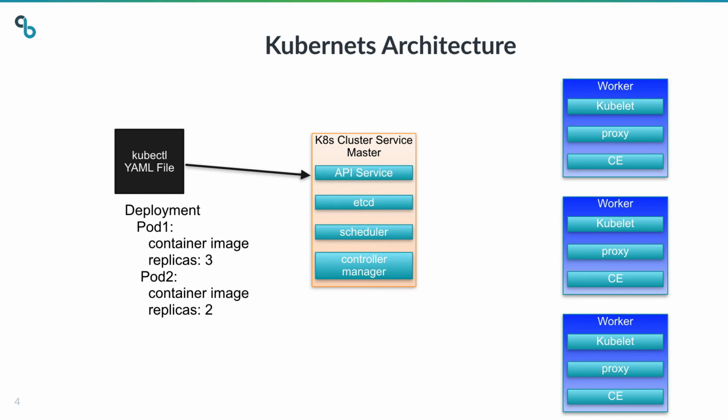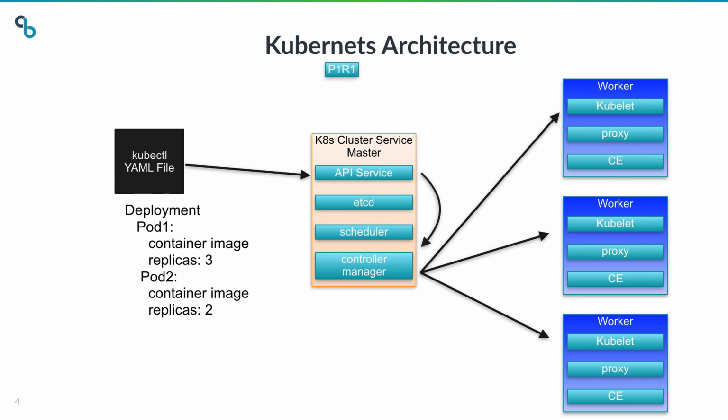I'm going to use a tool to take that YAML file and send it to the API service. The tool we'll be using and talking about is kubecontrol, or some people call it kubectl. I will send the system the commands to take this YAML to the API service. The API service will then talk to the scheduler and the control manager, and based on that, they will reach out to each of the workers to deploy what I've asked for.